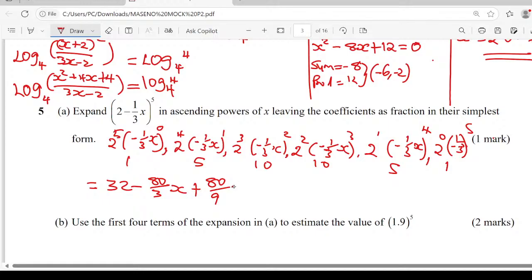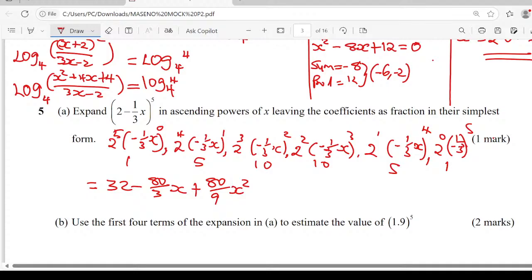Then the next term will be 2 squared times 10 times negative a third... sorry, it was 2 squared times, oh, this should be cubed, negative a third cubed.